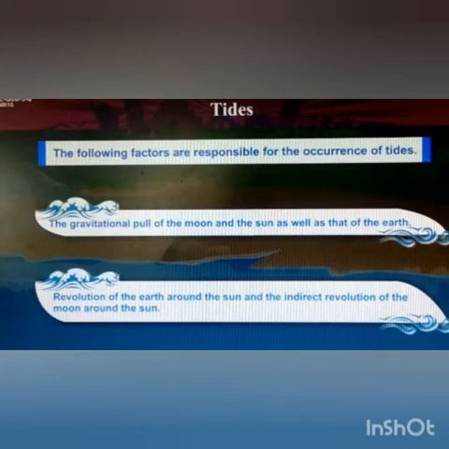There are three main factors which are responsible for the tides to occur. First one, the gravitational pull of the moon and the sun as well as that of the earth. Second, revolution of the earth around the sun and the indirect revolution of the moon around the sun. Students, we had seen in the last lesson that the earth revolves around the sun and the moon indirectly revolves around the sun.